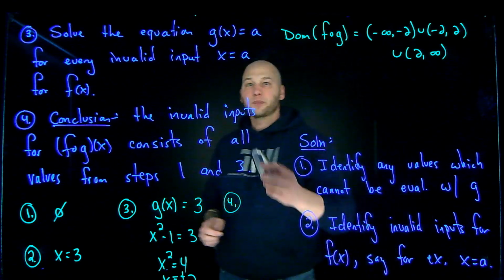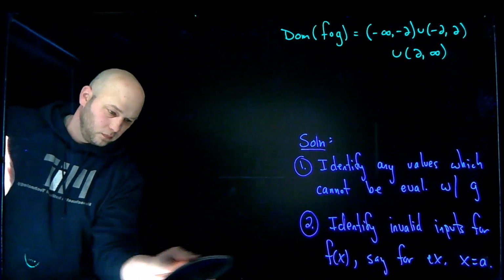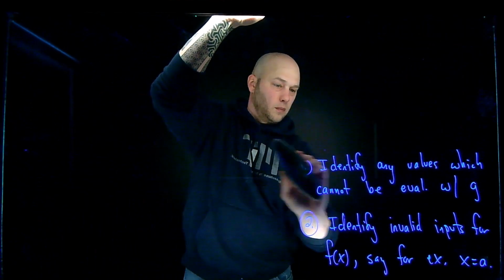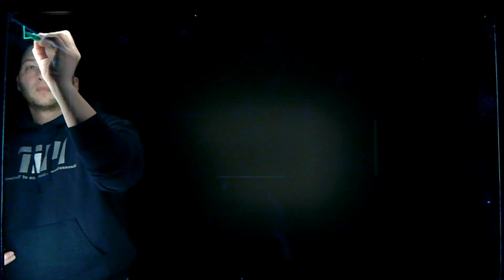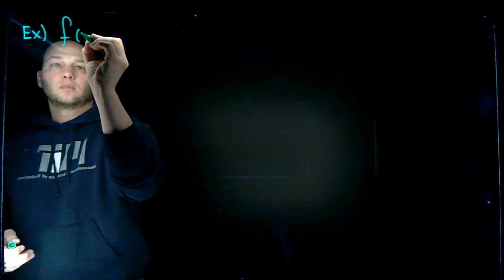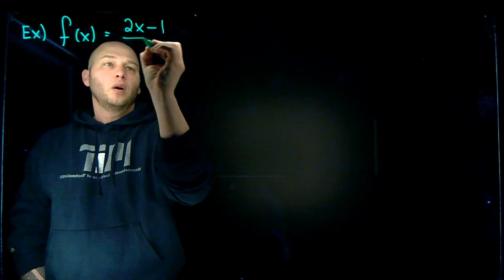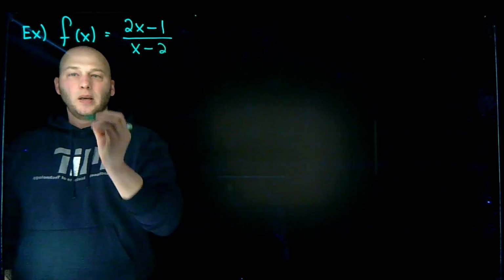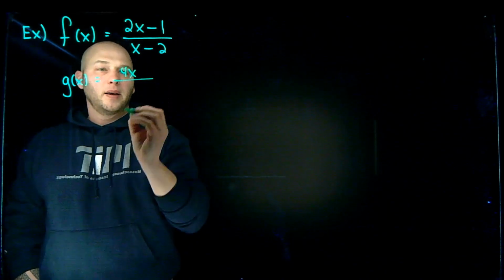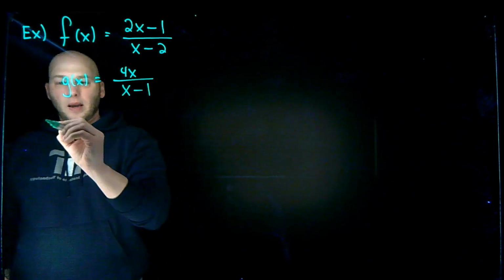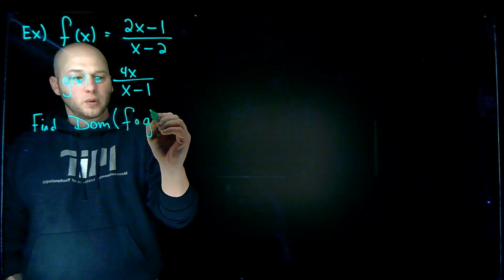Let me do one more example. Let's say f of x is (2x minus 1) over (x minus 2), and let's say g of x is 4x divided by (x minus 1), and then find, just for shorthand, the domain of f composed with g.